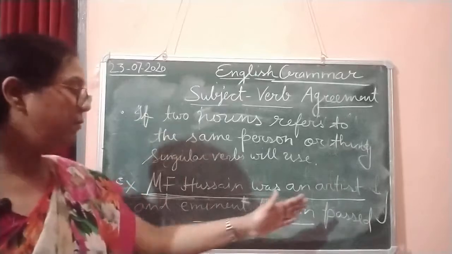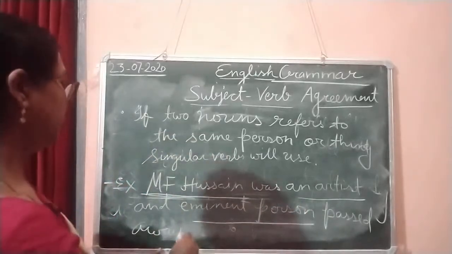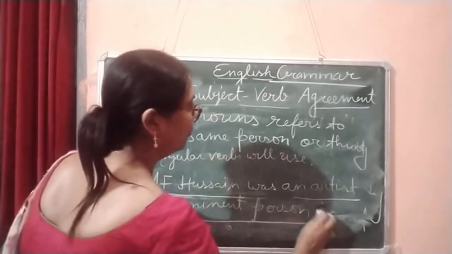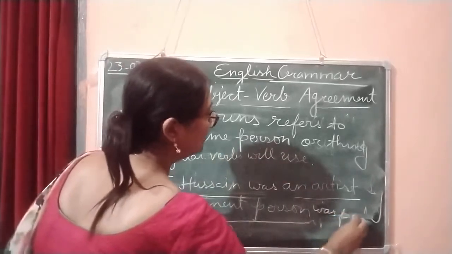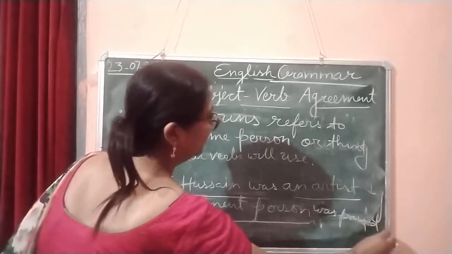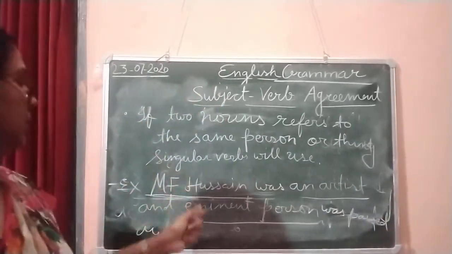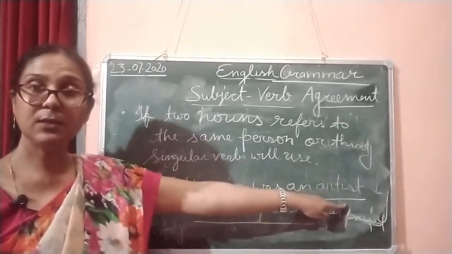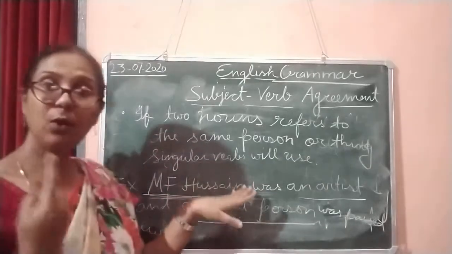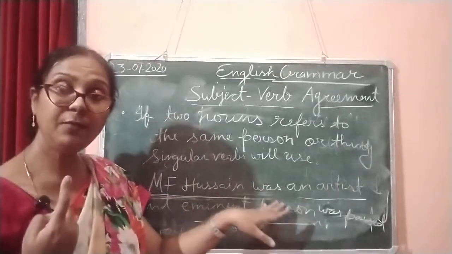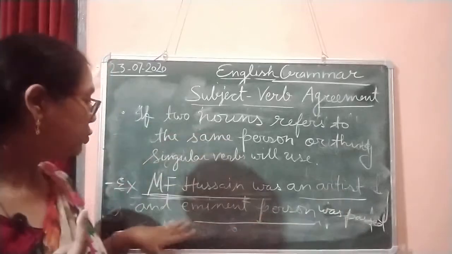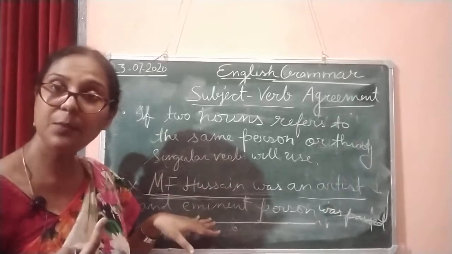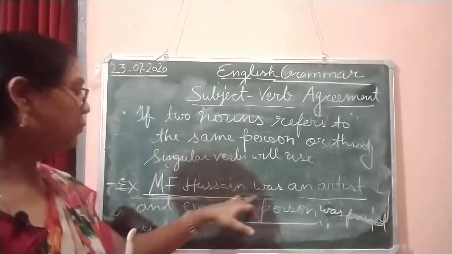That is why we have used was passed away. M.F. Hussain was an artist, was an artist because this is a singular person. But we have used two nouns over here, artist and eminent person. So that is why we have used was.